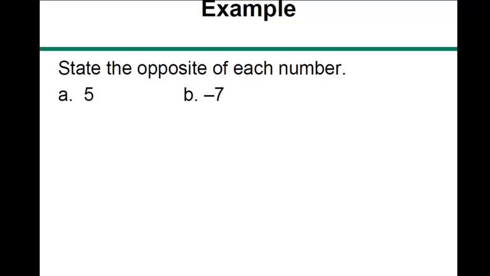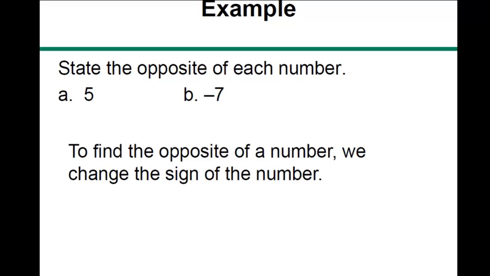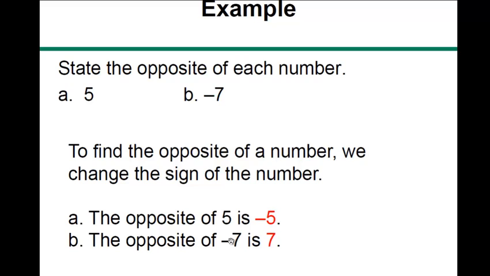State the opposite of each number. When I'm talking about the opposite, it's literally just changing the sign of the number. Therefore, the opposite of 5 is -5. And the opposite of -7 is 7.